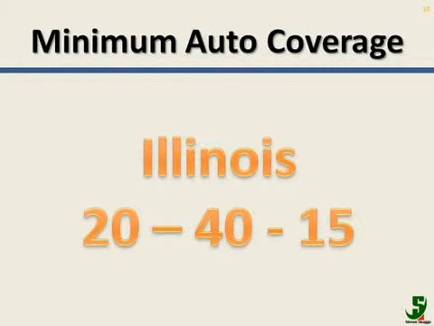For example, 100, 300, 50 means that $100,000 is the limit on the payment to one person in an accident, $300,000 is the limit on the amount paid in total for all people per accident, and $50,000 is the limit on the amount of property damage liability that can be paid out.